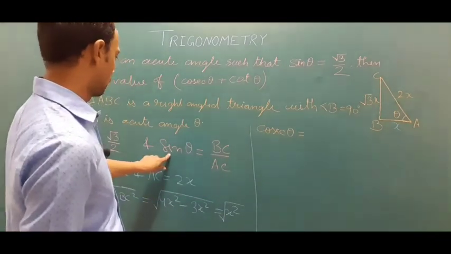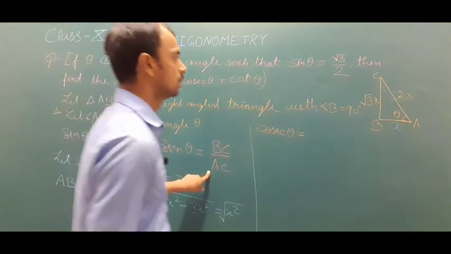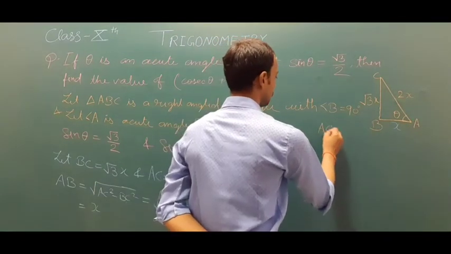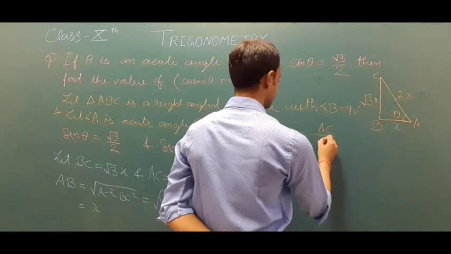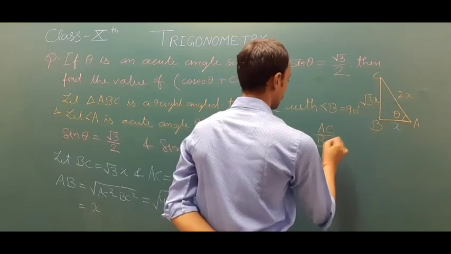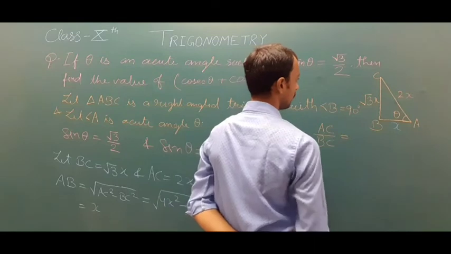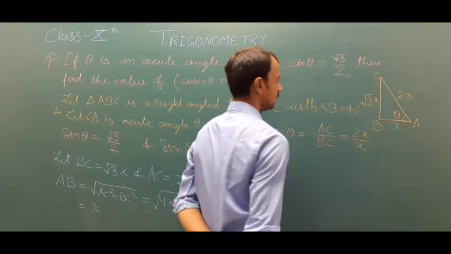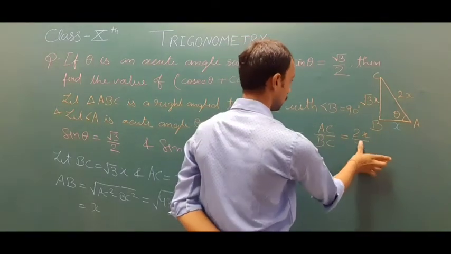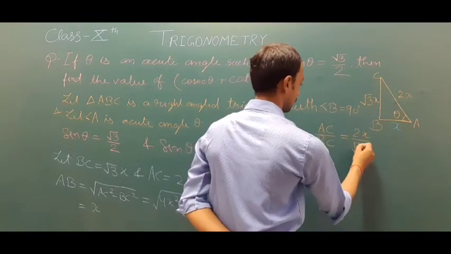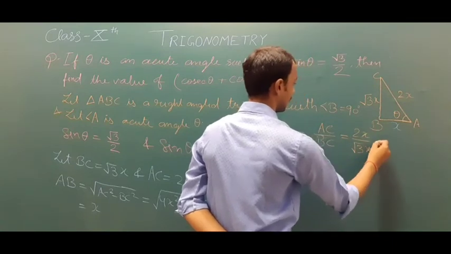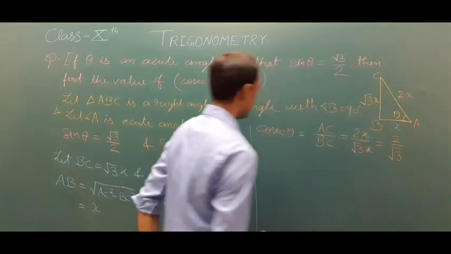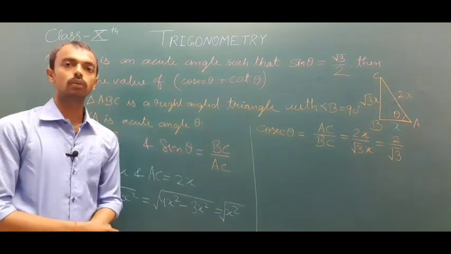Means sine is BC upon AC, then cosec will be AC upon BC, means hypotenuse upon opposite side, and it will be 2x upon x, isn't it? Sorry, BC is root 3x. So x and x will get cancelled and the value will be 2 upon root 3. So the value of cosec theta is 2 by root 3.